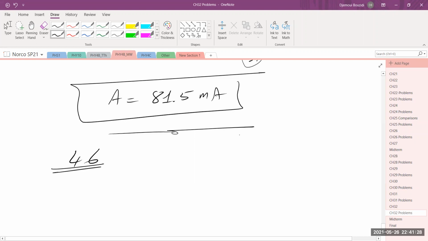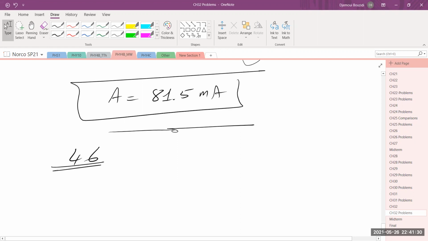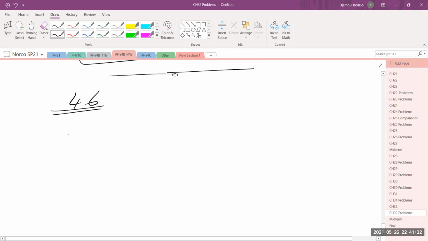So laser A: they tell you the power is 2.6 watts, and a cylindrical beam, the diameter D is 2.6 millimeter. This is the diameter of the beam.